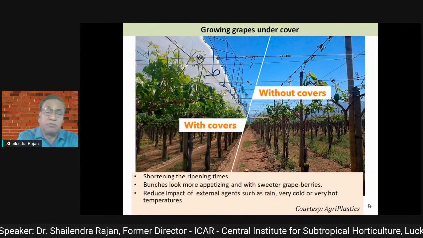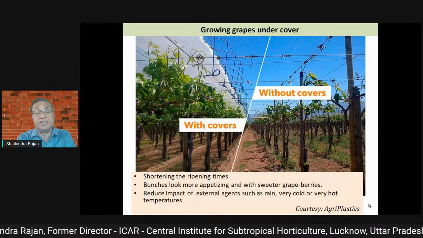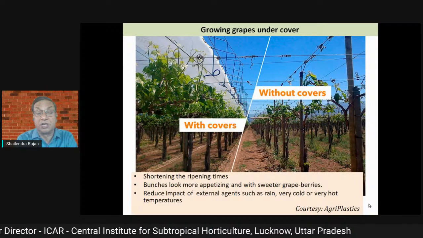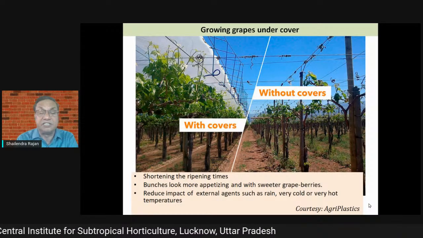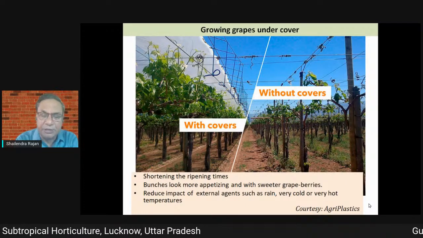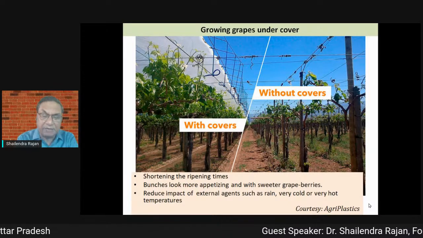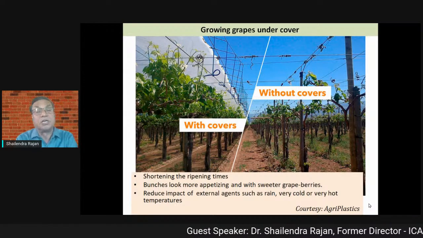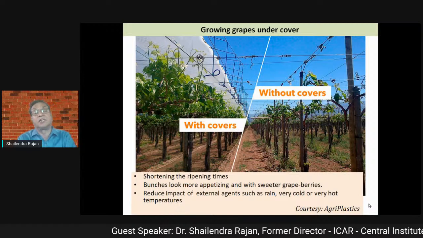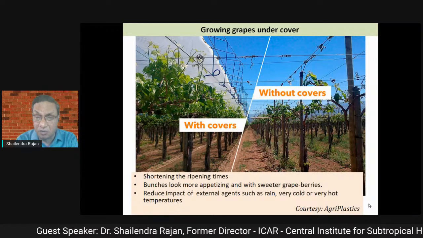Another important problem which the grape industry is facing is due to untimely rain; climate change induced problems are there, with rain just before ripening. So growing of grapes under cover has become commercial.